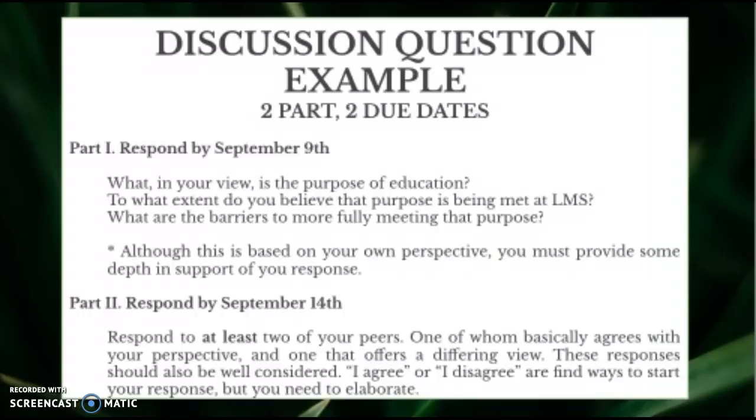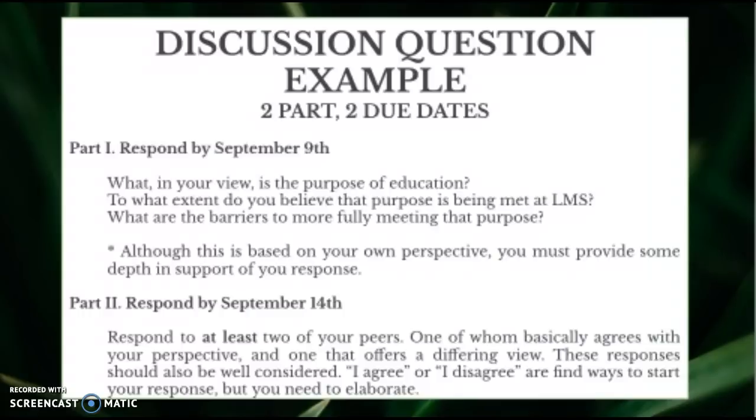The second part requires that you respond to at least 2 of your peers. With any discussion board thread, I am likely going to ask you to provide 1 to 2 responses to your peers.